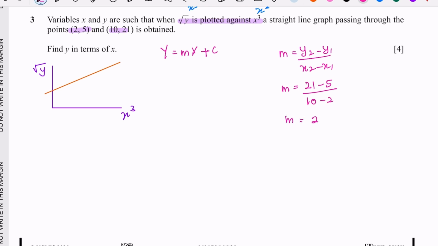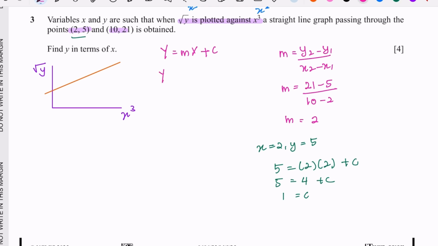Now, let's find c. At coordinate 2, 5, when x is equal to 2 and y is equal to 5, what I can do is 5 equal to 2 times 2 plus c. 5 equal to 4 plus c, then my c will be 1. I can rewrite this value over here.